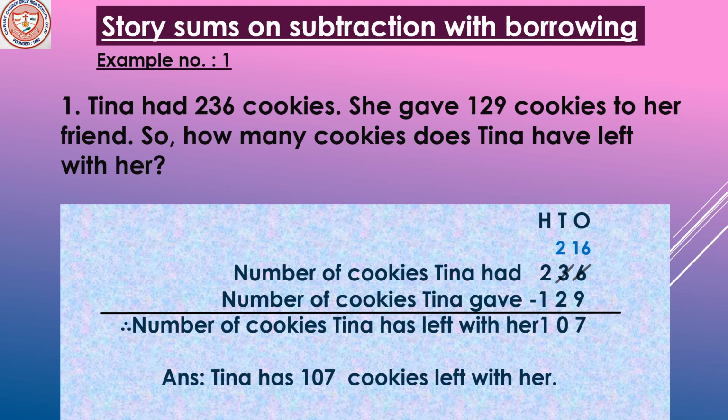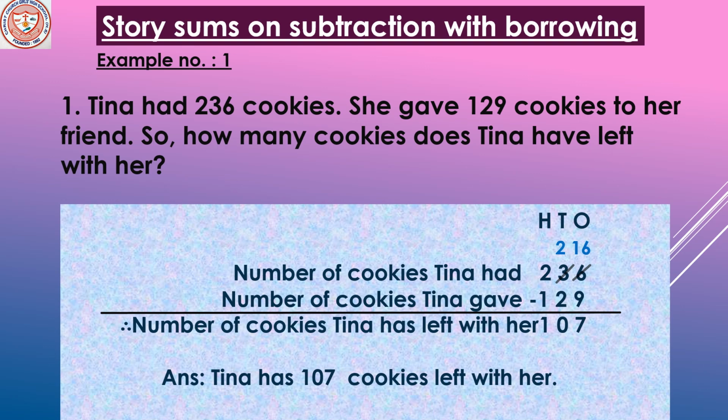So here we have to subtract 9 ones from 6 ones. But it is not possible because 9 ones is bigger than 6 ones, and we cannot subtract a bigger number from a smaller number. So we have to borrow 1 ten from the tens column.